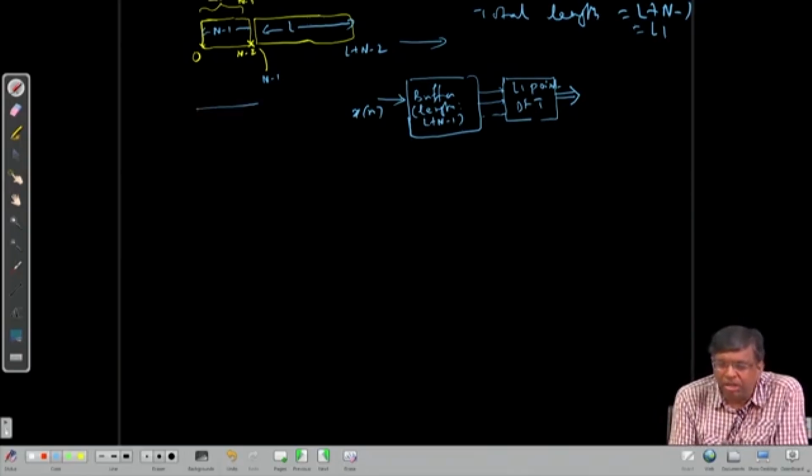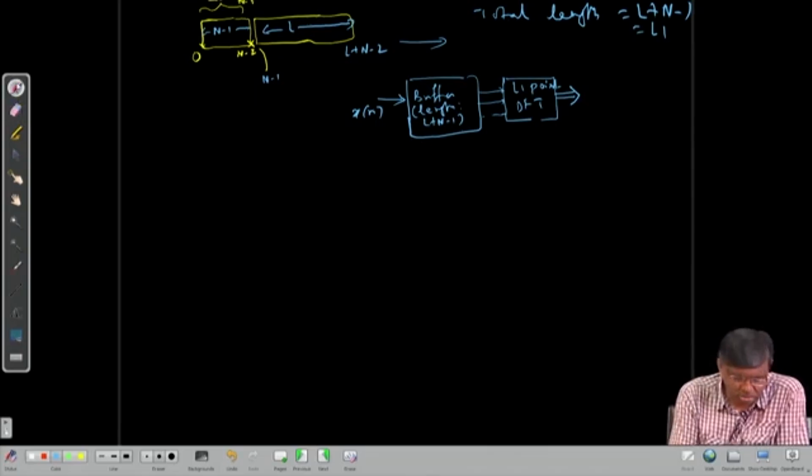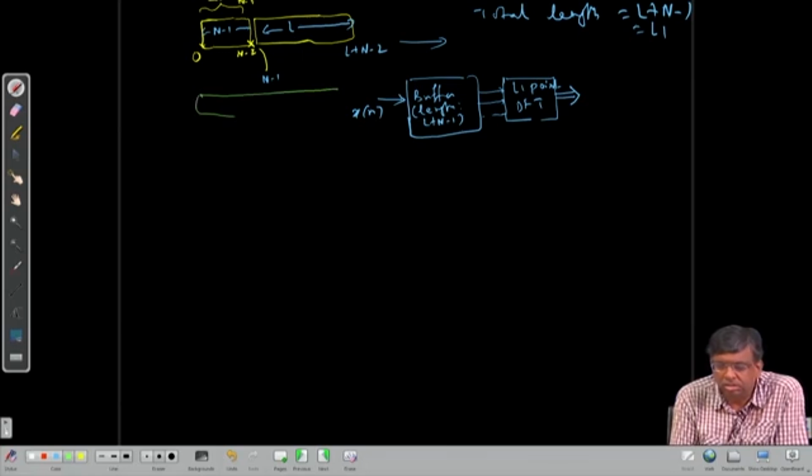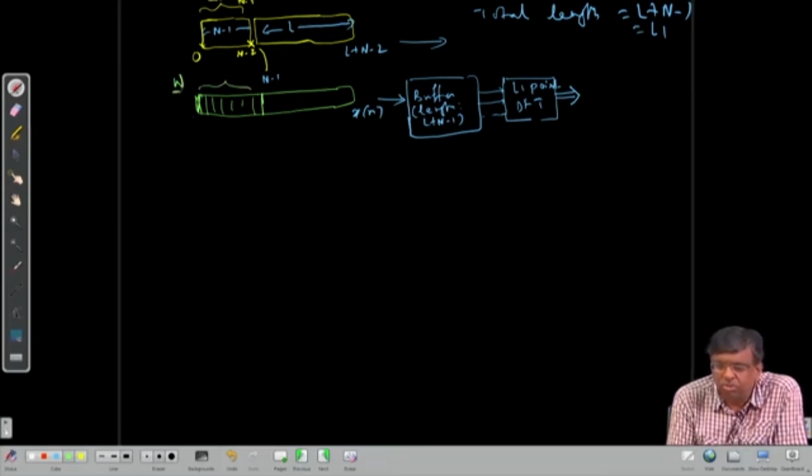So, I am having this 0 to n minus 1. Okay, here is my filter coefficient vector W, and here we padded zeros. You remember that is what we discussed for the overlap save method.